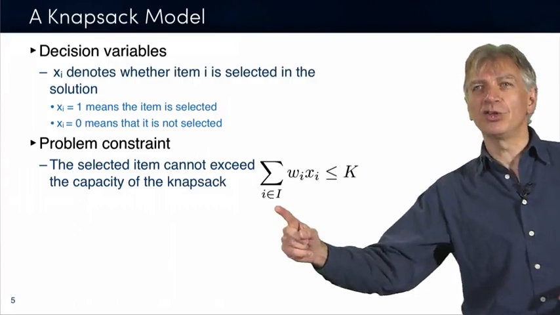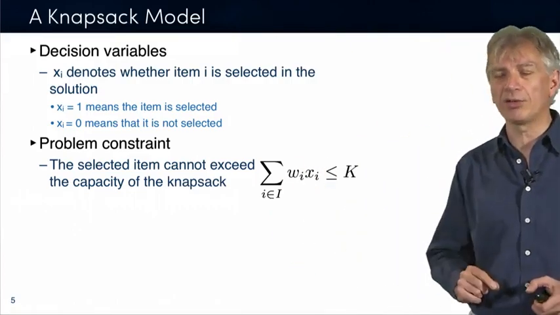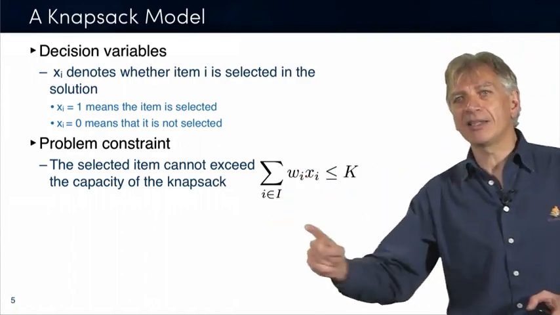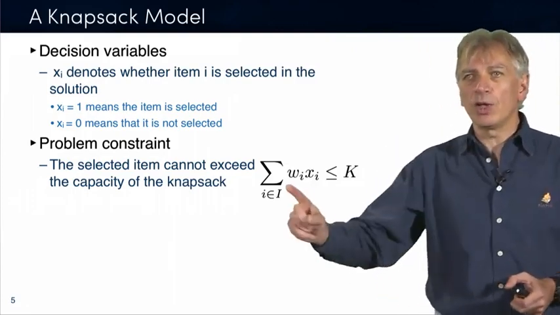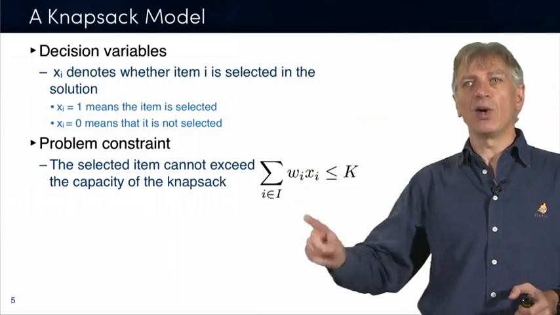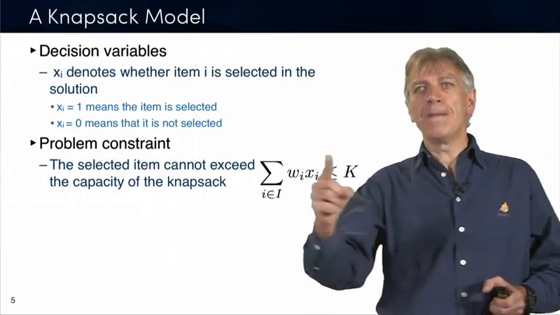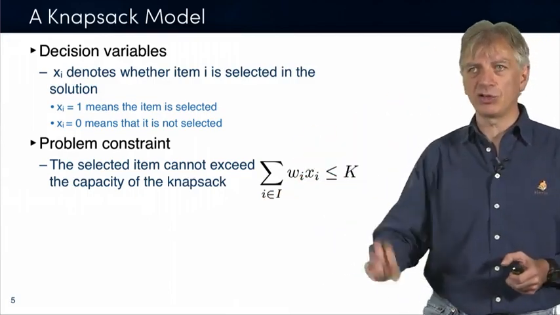So you sum this product of a constant, which is the weight of the item, and whether you select the item or not, and that summation has to be smaller than the capacity of the knapsack. When you don't select the item, this product is not going to contribute anything. When you select it, it will contribute the weight. So essentially this makes sure that you never exceed the capacity of the knapsack with the items that you select.